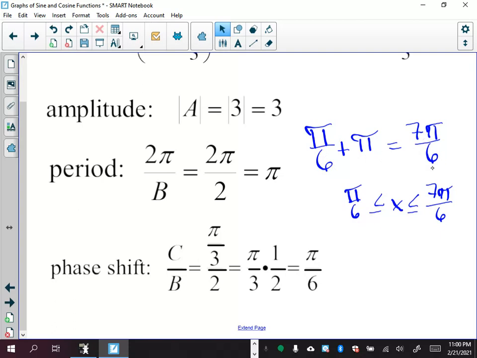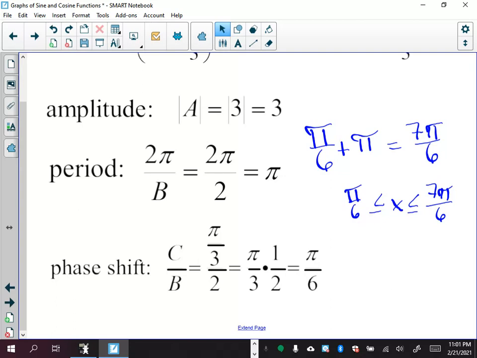That gives me 7 pi over 6. Because remember, our period is this. So we're going to start at pi over 6, and then we're going to end at 7 pi over 6. So this now becomes our full period that we're actually looking for. So that's what we're going to focus on here as we go forward through this piece here.